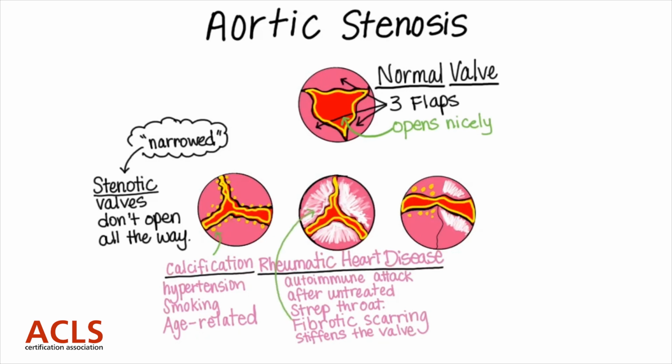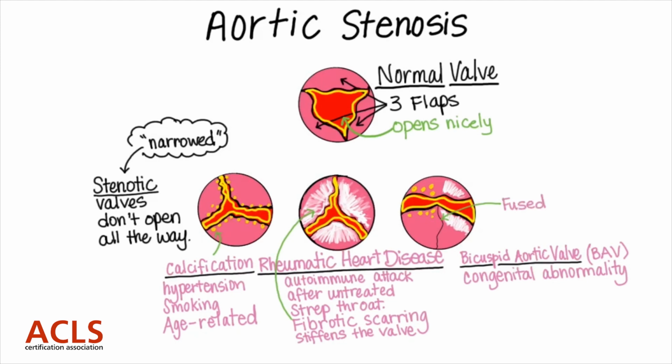An additional risk factor for the development of aortic stenosis is bicuspid aortic valve, or BAV. This congenital abnormality occurs when 2 of the 3 flaps fuse together during the first few weeks of embryological development. About 1 to 2% of all people are born with this condition. Most of the time, the valve works just fine.